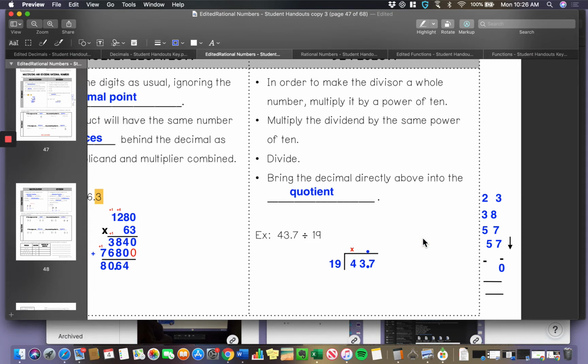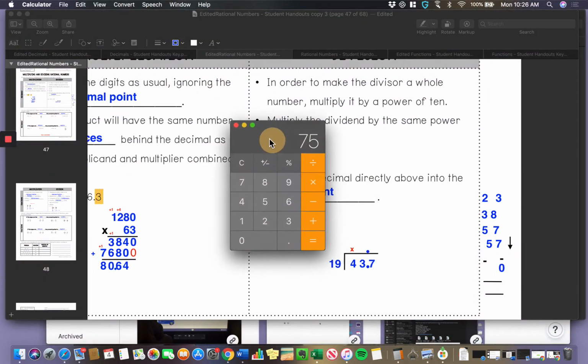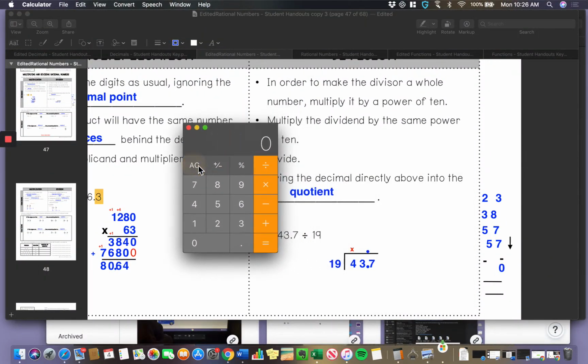So how many times can it do that? If you have a calculator, you can always use it. If I don't know, I can take 43 and divide it by 19. I'm going to get 2 and then a big old decimal, but that's leftovers.